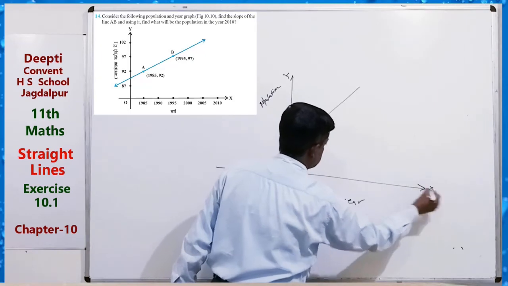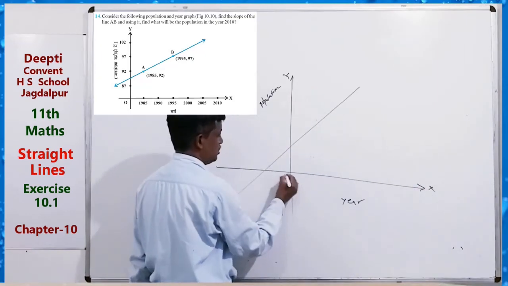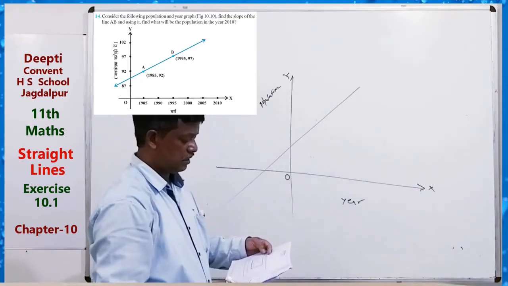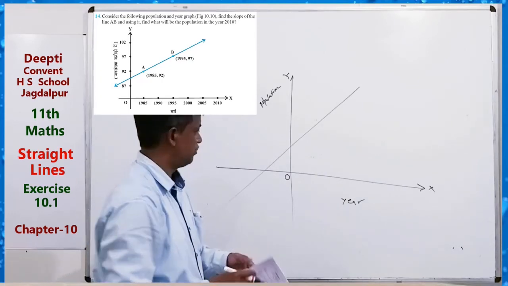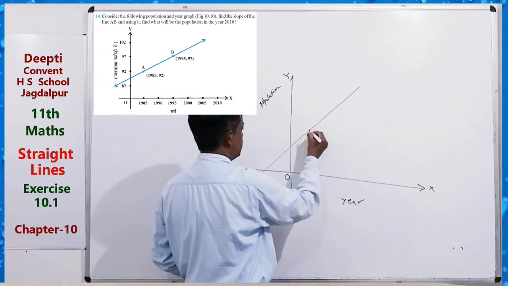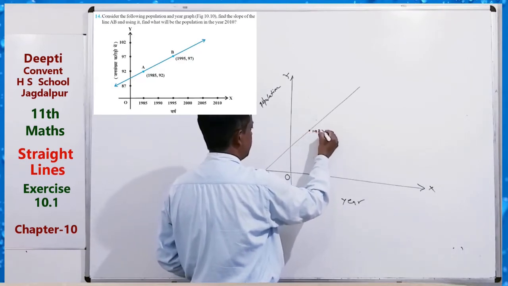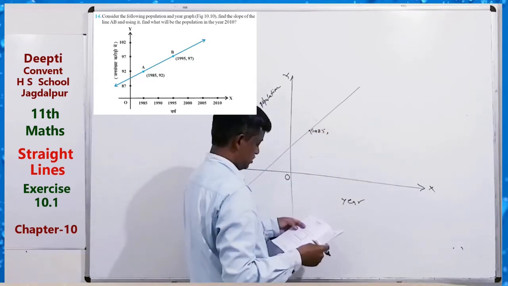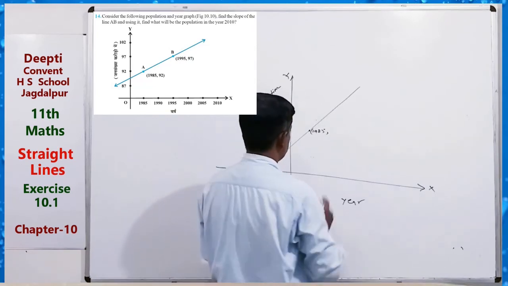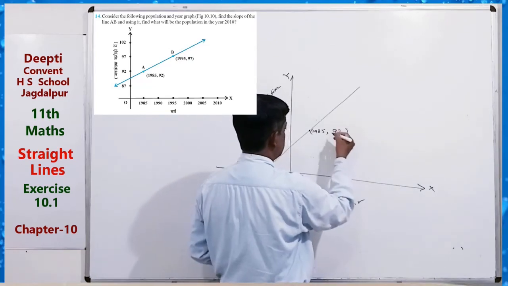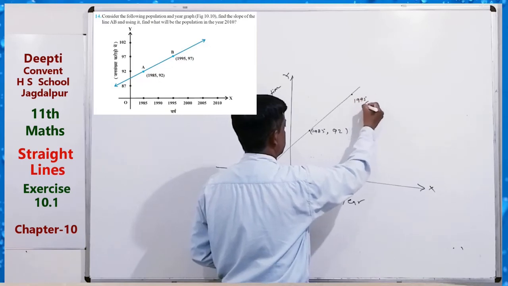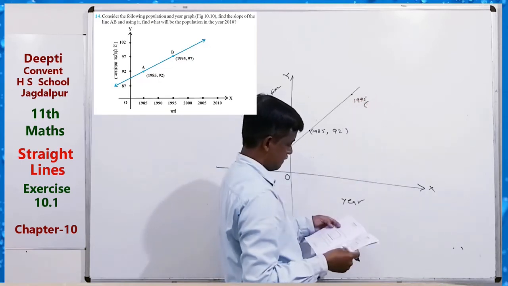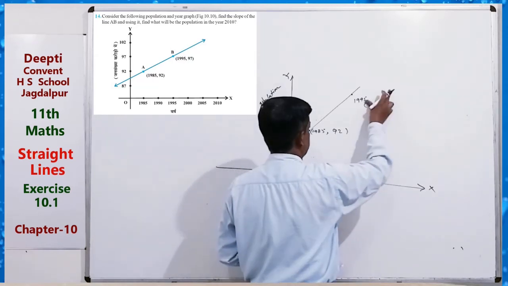This is the x-axis, this is the y-axis, this is the origin. Points are given: 1985 with 92 crore, and 1995 with 97 crore.